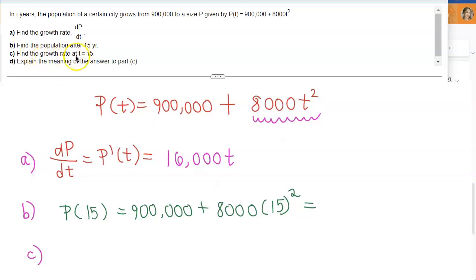All right, part C, what are they asking? Find the growth rate. Now they want you to plug in that 15 into that derivative function. So you will do 16,000 times 15. And whatever number you get, you're going to say that many people per year.